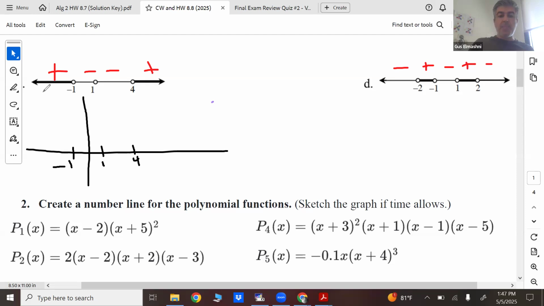Okay, so here's what's gonna happen. It's gonna be positive before you get to -1. It's gonna cross because it's gotta be negative afterwards. It's gonna curl back and hit 1, but it's gotta stay negative between 1 and 4, so it deflects off 1, and it comes back up like this.